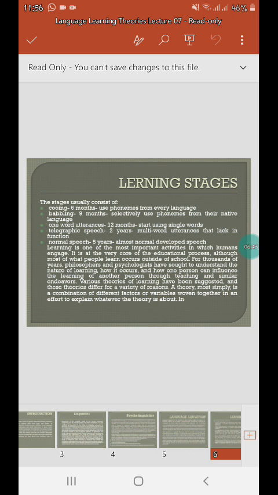Learning is one of the most important activities in which humans engage. It is at the very core of the educational process. These are the stages a kid passes through. At the age of 6 months, starting phonemes, the sounds ma, ba, ta, da.